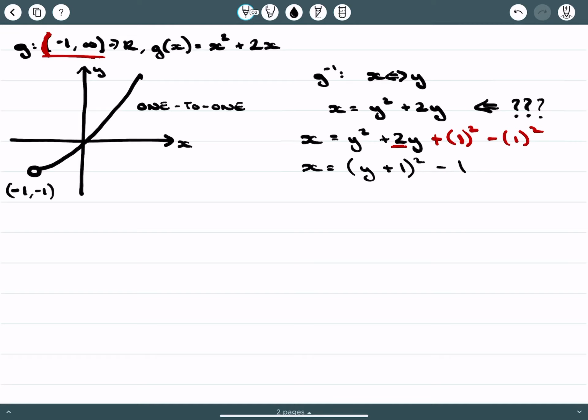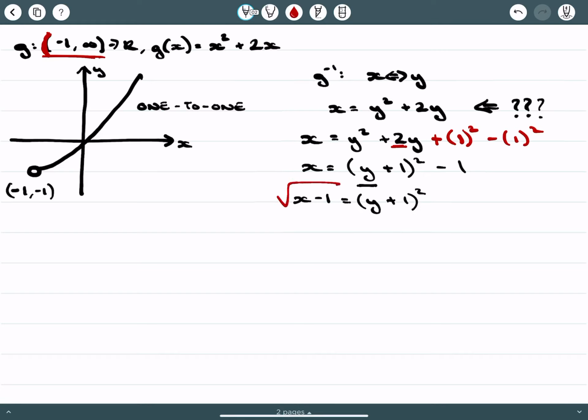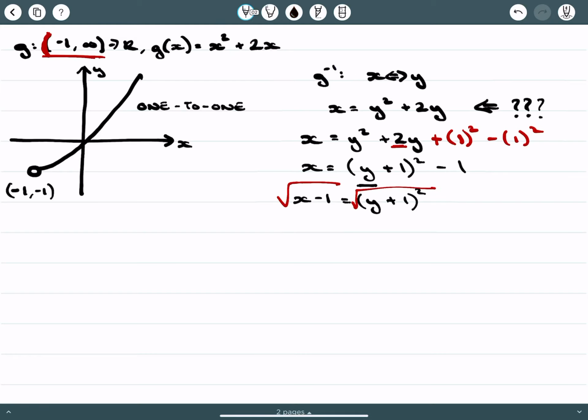Then this can be easily resolved for y. x + 1 = (y + 1)². We can square root both sides, and we can say that y = √(x + 1) - 1.